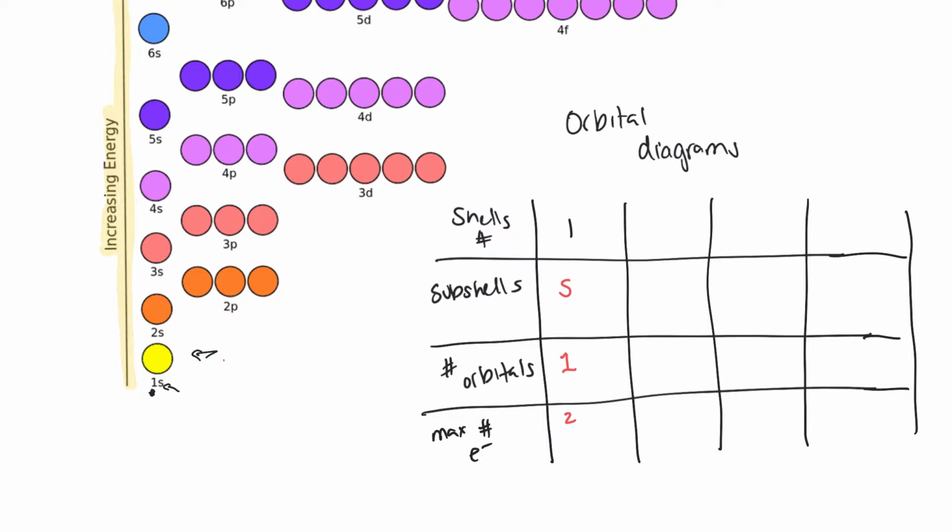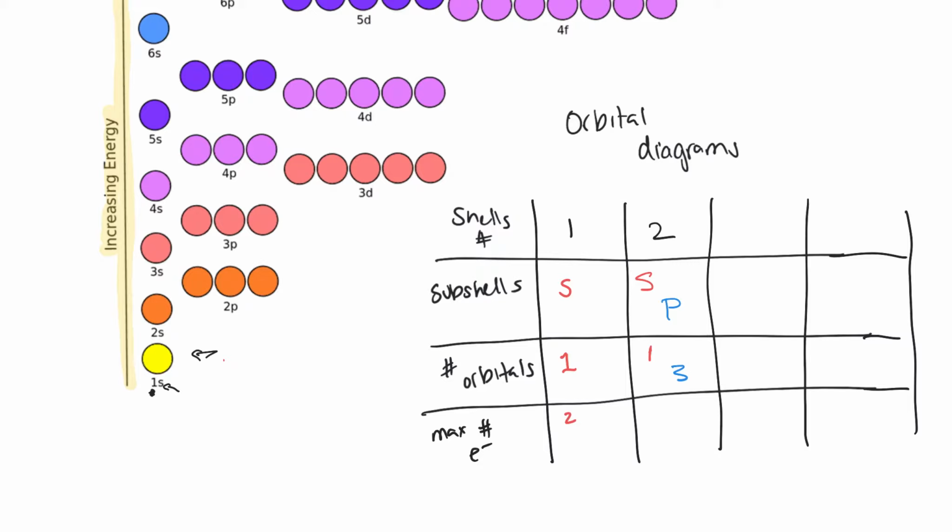In shell number 2, you have 2 subshells, right? You have subshell S, and then you have subshell P. Subshell S has 1 orbital. Subshell P has 3 orbitals, right?